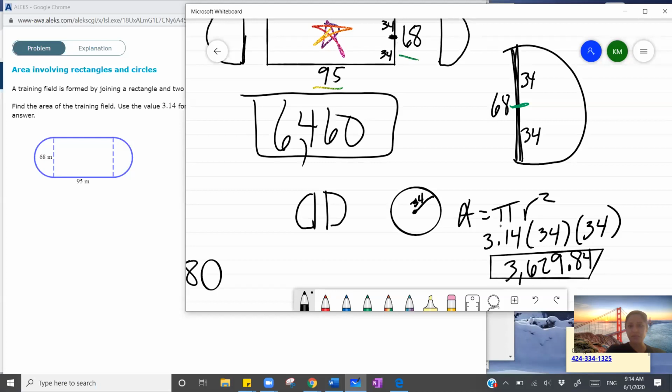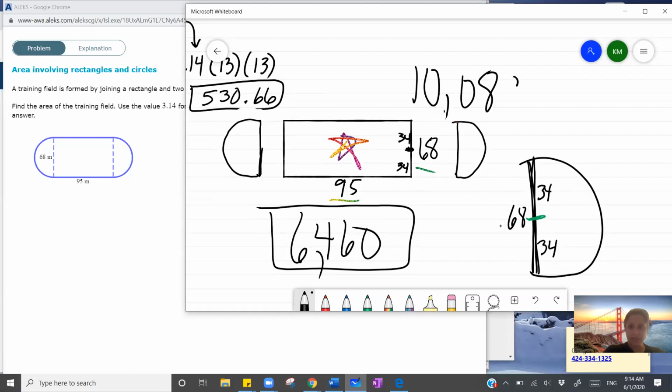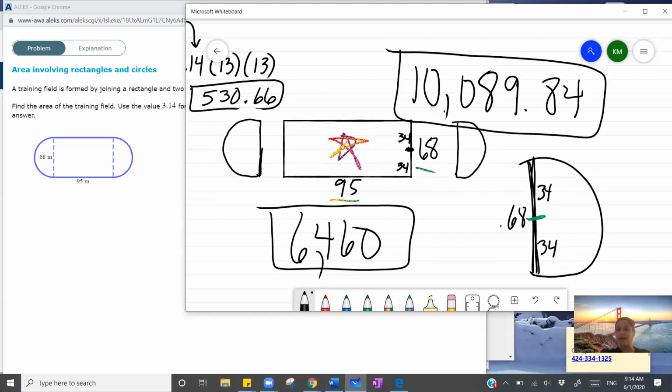We add those two numbers together, and our final answer for our basketball training field is going to be 10,089.84. And that should be your final answer.